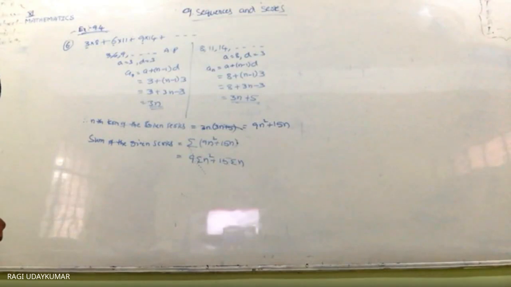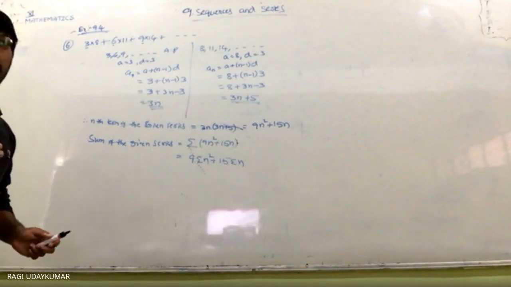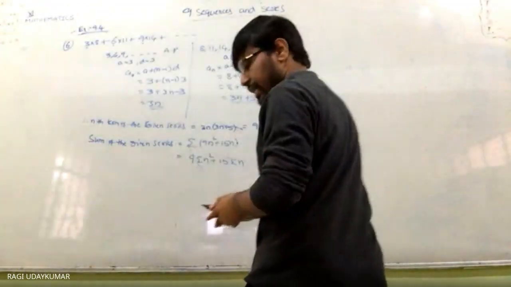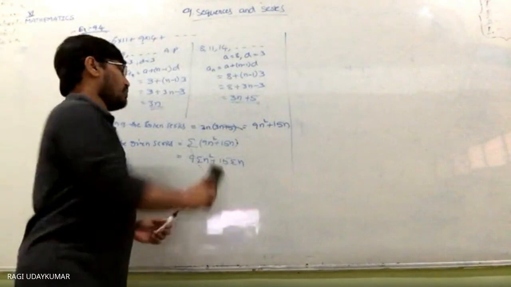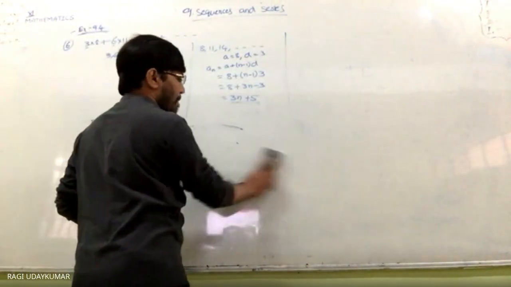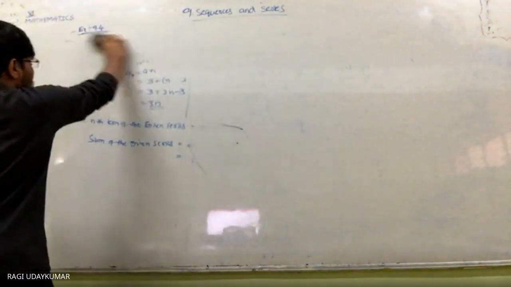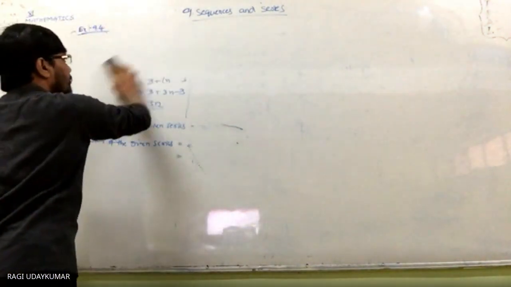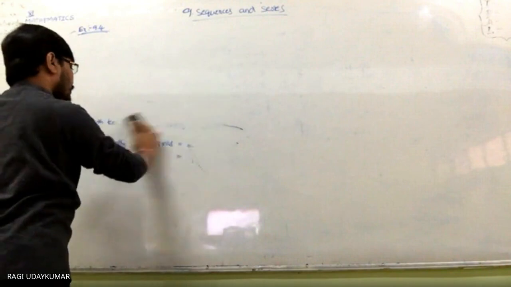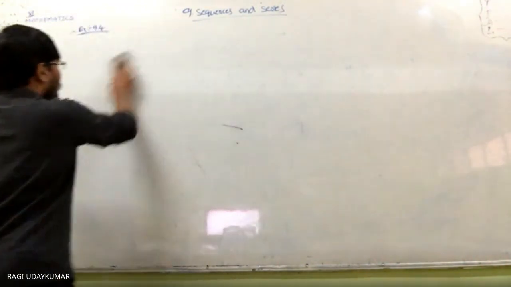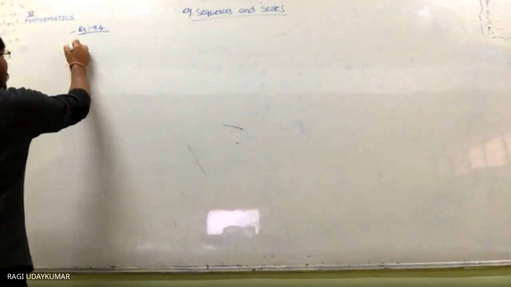So the 7th problem is also 1 square plus 2 square plus 3 square. So what are you going to get in the nth term? I'll explain it. You may get confused. The question given to you is 1 square plus 2 square plus 3 square.